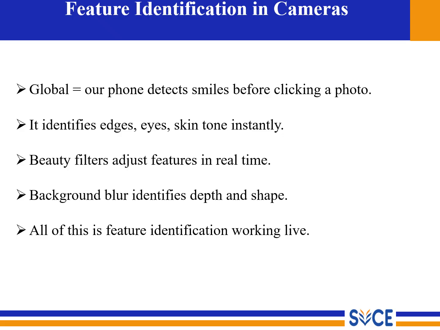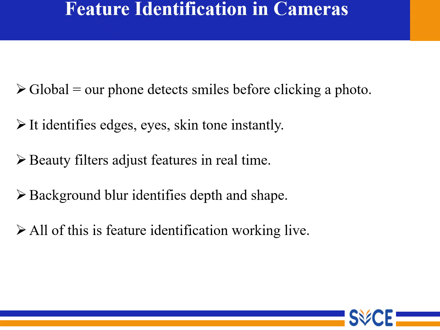The AI model analyzes multiple features simultaneously to enhance the image quality. This improves the user experience and makes the technology feel natural. Feature identification is a key component of explainable AI because it shows what the model is focusing on.